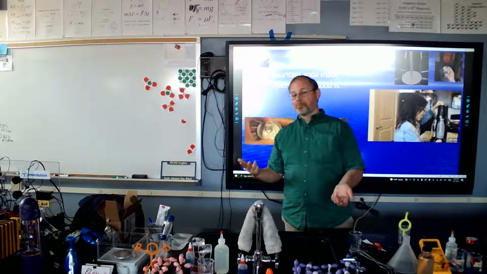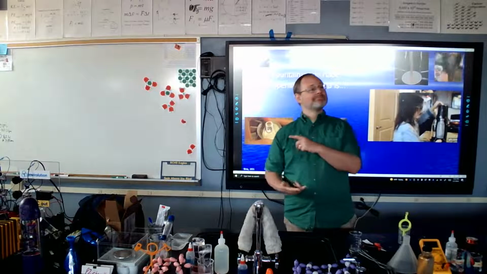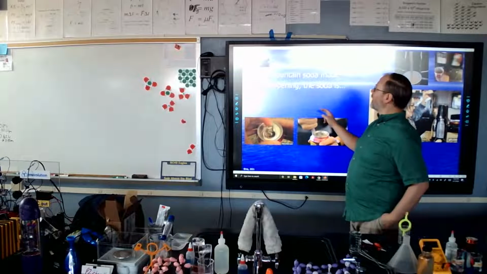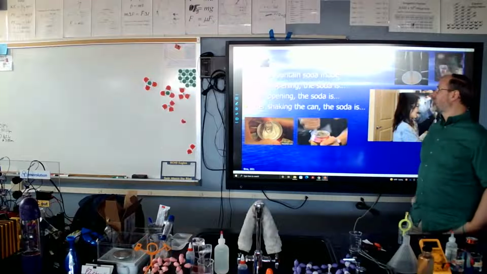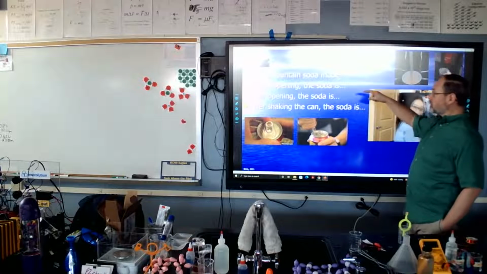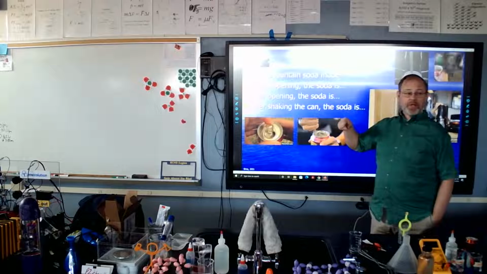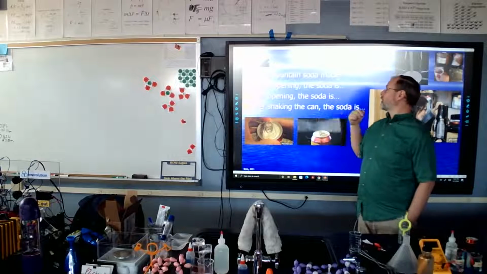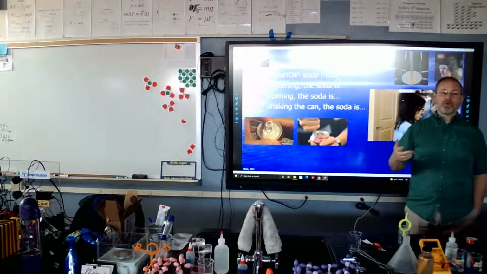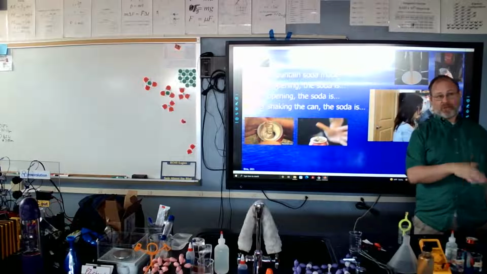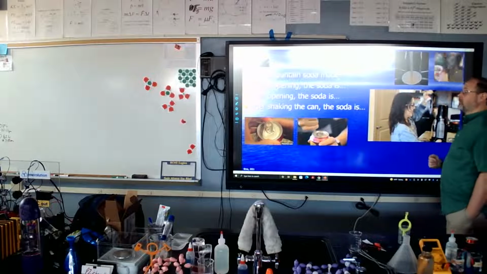Saturated. It's as saturated with carbon dioxide as it goes. So before you open it, it's saturated. After you open it, the bubbles coming out tell you it's super saturated. And after you shake it or leave it for a while and it goes flat, it's just saturated. Again, it's just pretty fun.